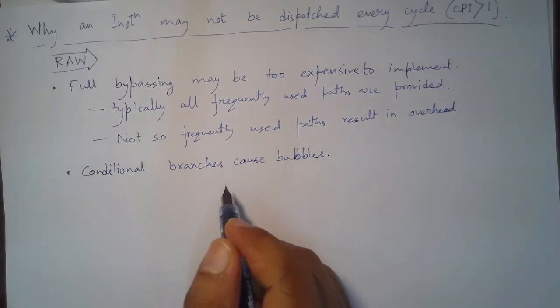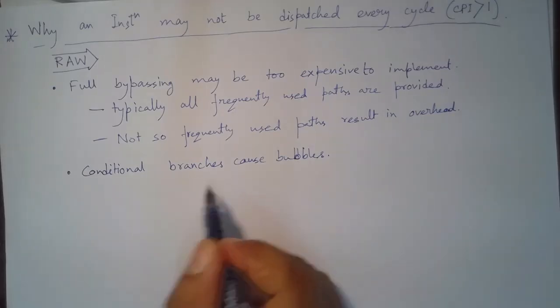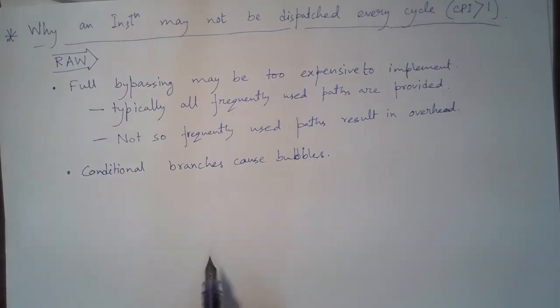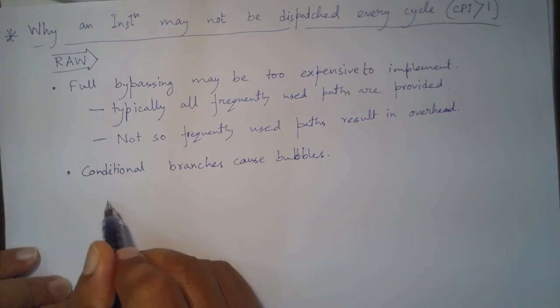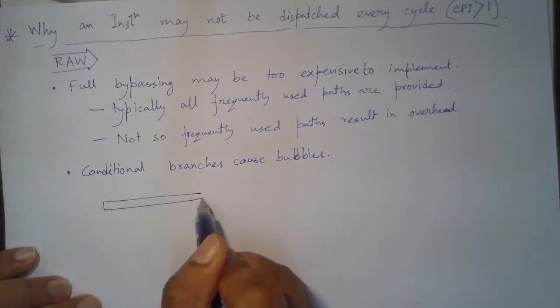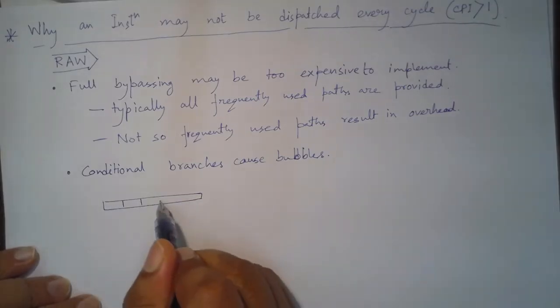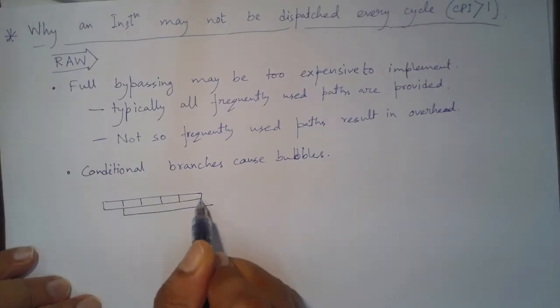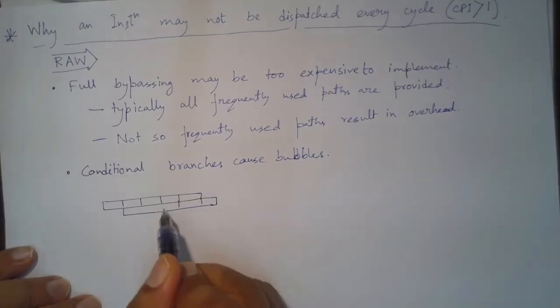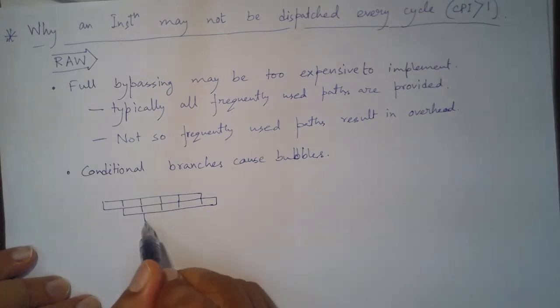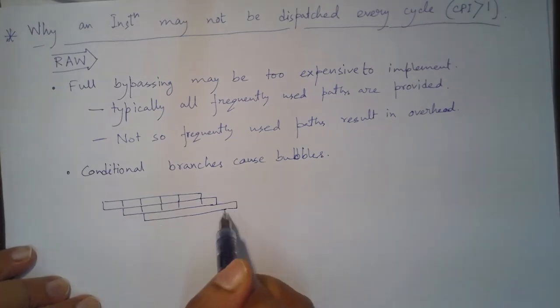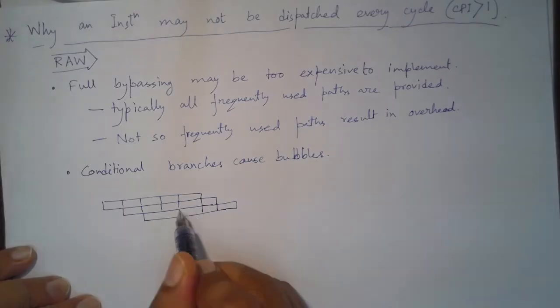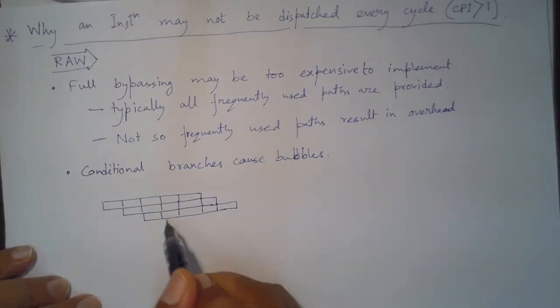Because of these different hazards, though ideally we want our pipeline to look like this, where in every clock cycle you will be pushing a new instruction into the pipeline, because of all these challenges and hazards, it is very likely that there will be some bubbles.